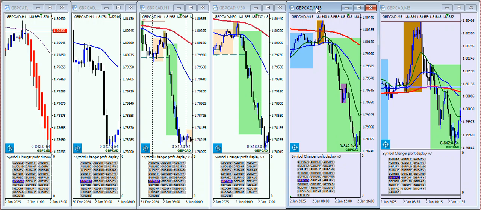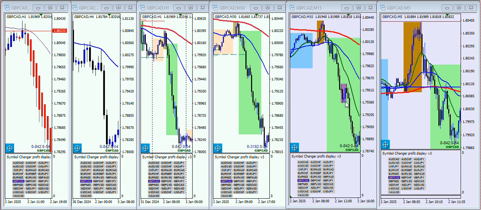Then we also have the 15 minutes with the 200 exponential moving average, the 50 exponential moving average, and the 15 exponential moving average. So the 15 minutes time frame is what we are going to use for taking our entries. Then lastly, we have the 5 minutes time frame with the 3 moving averages we have on the 15 minutes time frame.